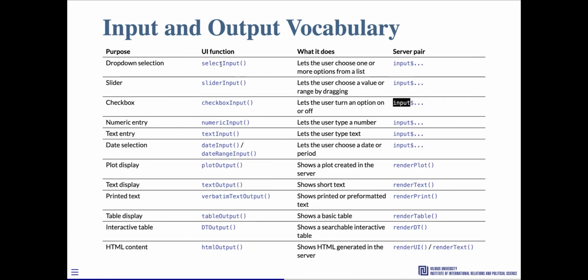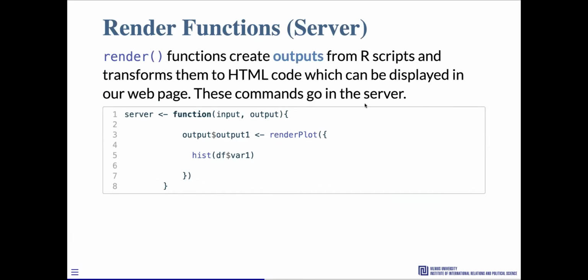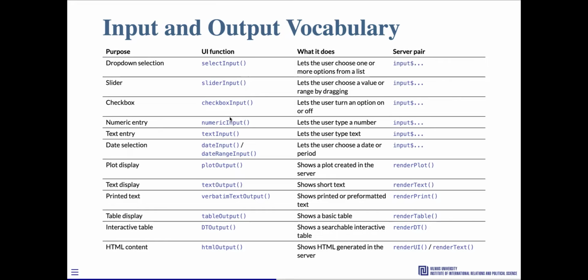So we can say white or red or blue or whatever color you want. The default can be white. So the value that is being stored here by default is going to be white. But if the user changes it to blue, then this object called input that is in our server function right here is going to be updated to the new value.